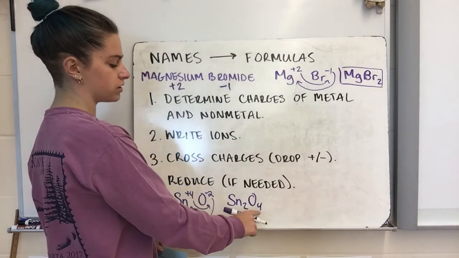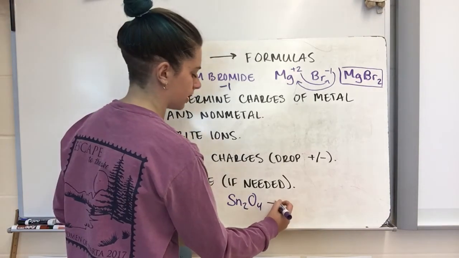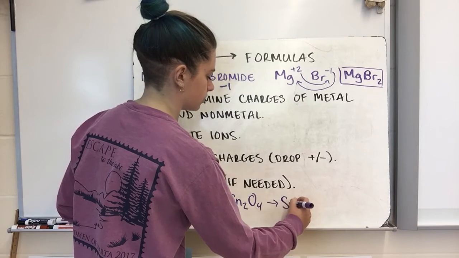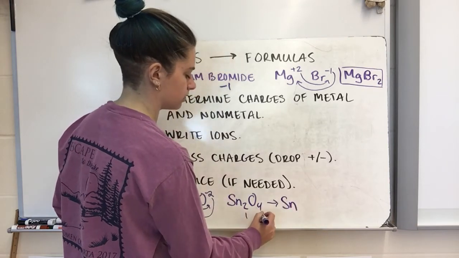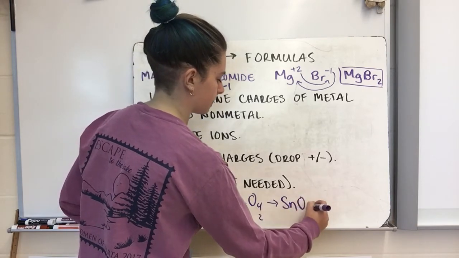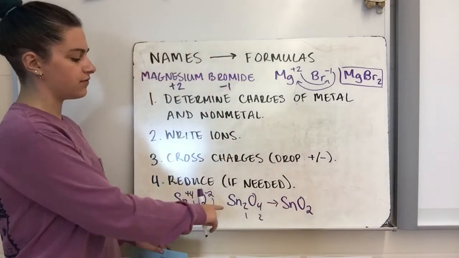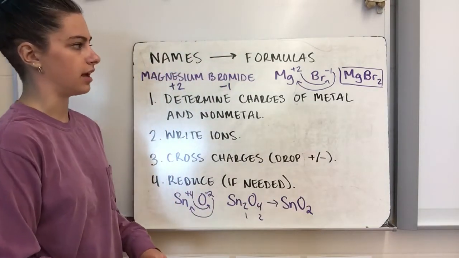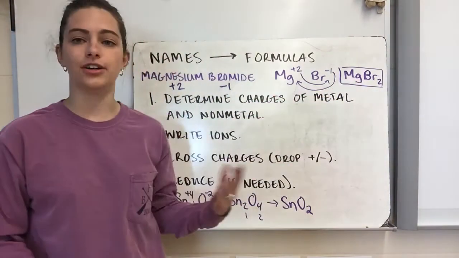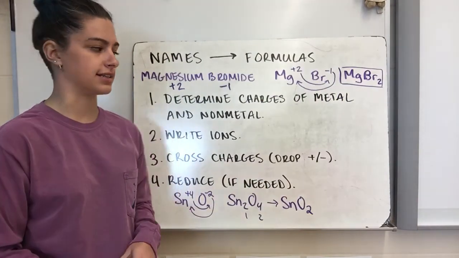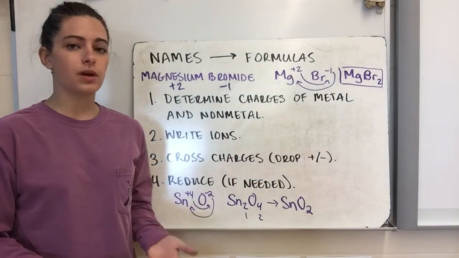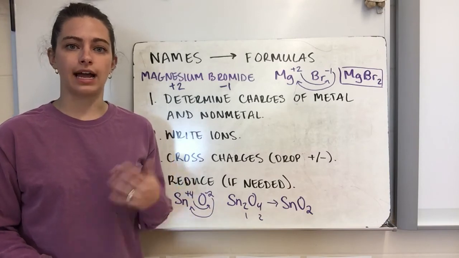This is a 2:4 ratio, so we can reduce that to a 1:2 ratio. So if you can reduce them, you're going to. If something just has a 1, you're not going to be able to reduce it, so you just leave it as it is. So that's how we write names and formulas for ionic compounds.